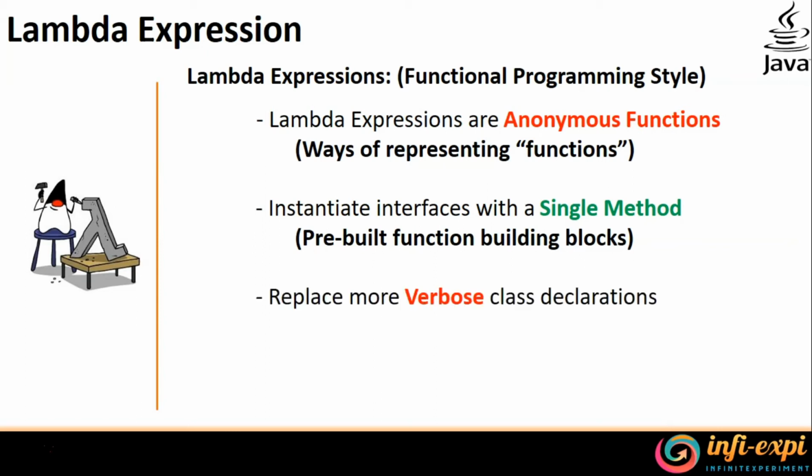Now, what exactly happens by using this anonymous function? What's the major goal? The major goal is to replace your verbose class declarations. So what I mean by verbose is you keep writing too many lines of code in class declaration, which you can replace it with limited number of codes with the help of anonymous function.